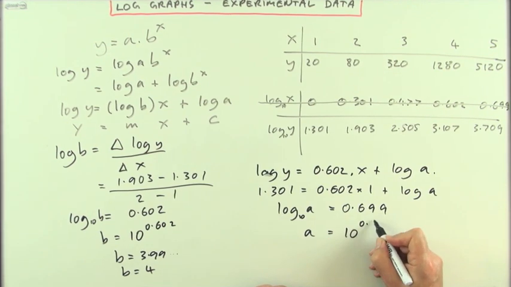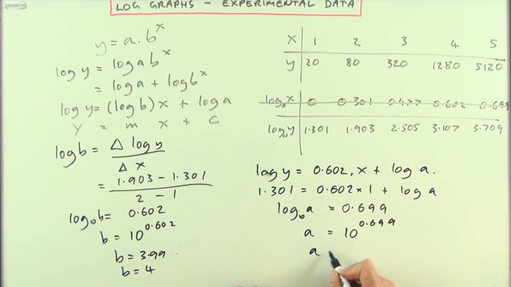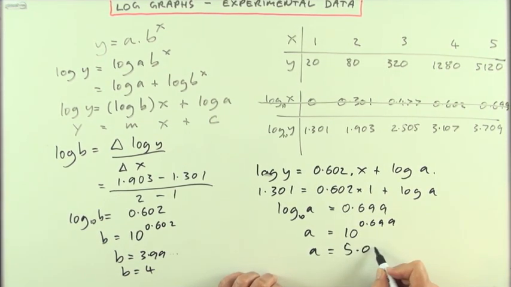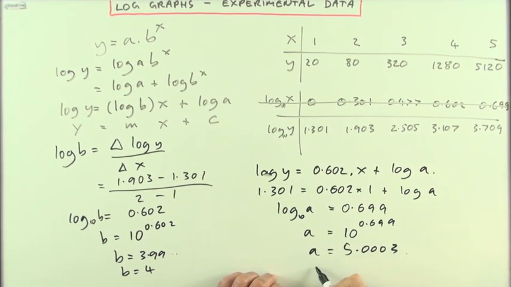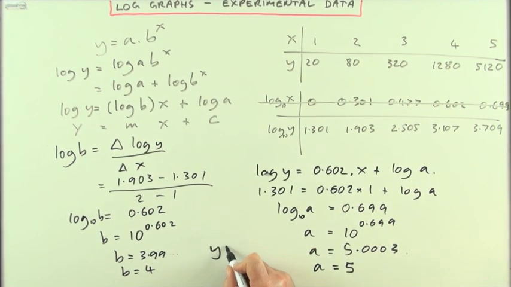That'll be 10 to the power 0.699, and 10 to the power 0.699 would give me 5.0003, etc. But again, realising that this is approximate, I take that down to a nice convenient number, 5.0 or just 5. So my connection is y equals 5 times 4 to the power x for the exponential equation.